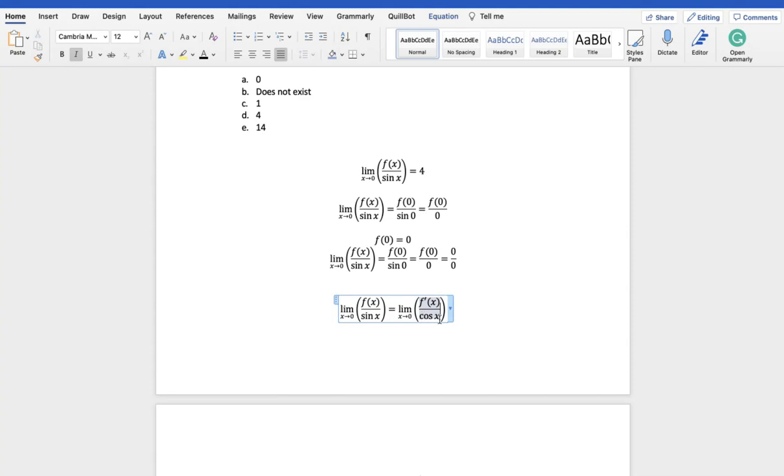Okay, so now if you substitute 0 into that, you get in the numerator f prime of 0, divided by cos of 0, which is just 1.